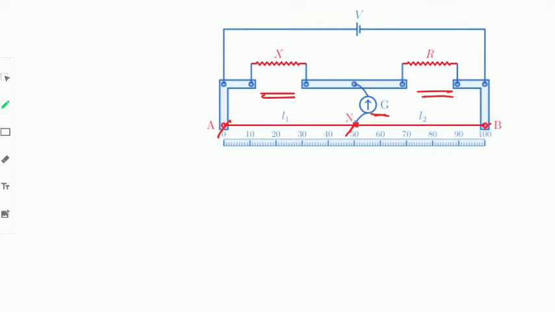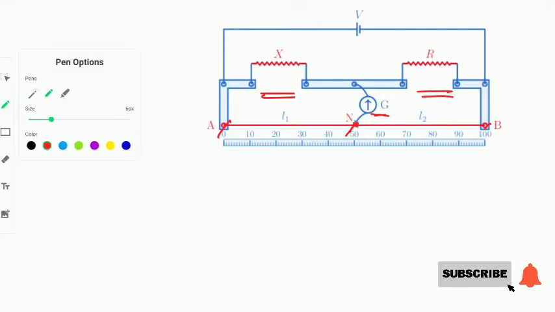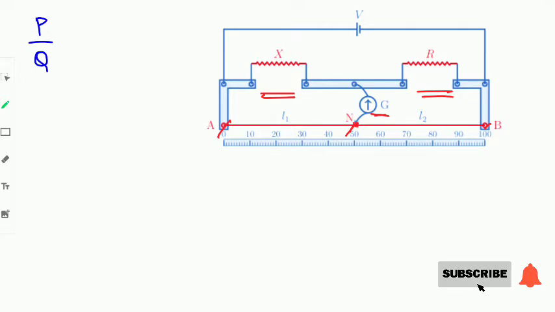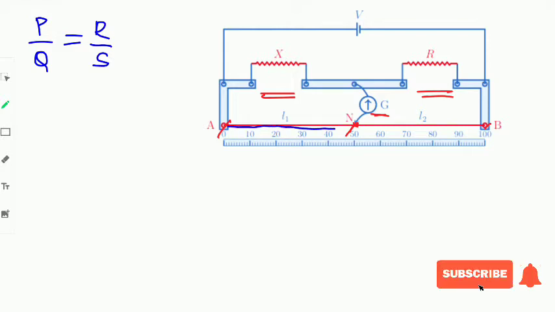I am applying the Wheatstone bridge condition. What is the Wheatstone bridge condition? That is P by Q equal to R by S. This is the length L1 and this is the length L2.